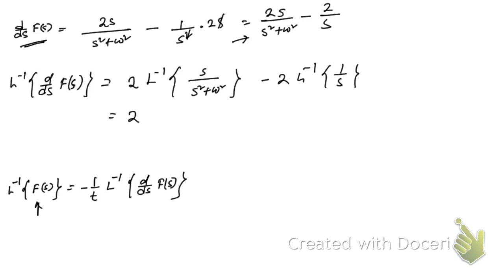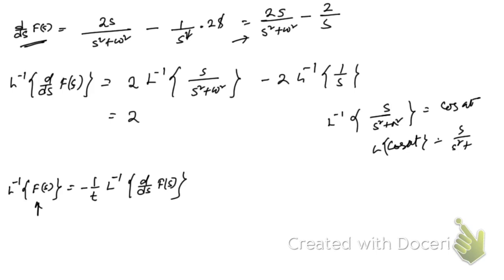So 2 into inverse Laplace transformation of s by s square plus omega square. See, inverse Laplace transformation of s by s square plus a square, that is cos at. Why? Because Laplace transformation of cos at is s by s square plus a square. Now instead of a we have omega here, so that is the only difference.